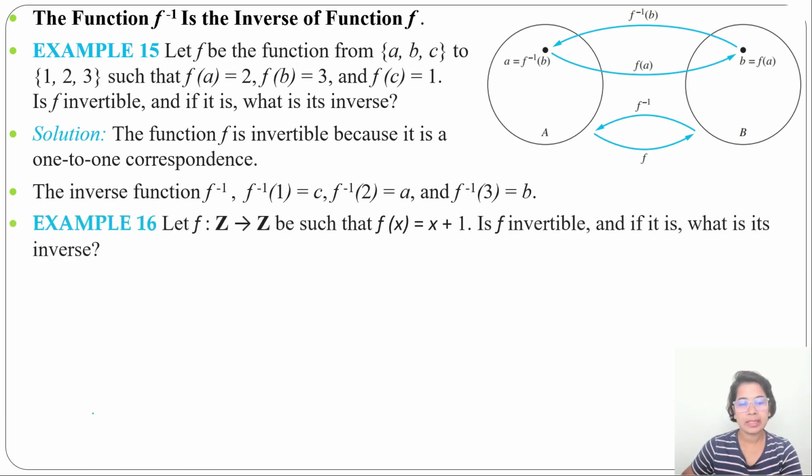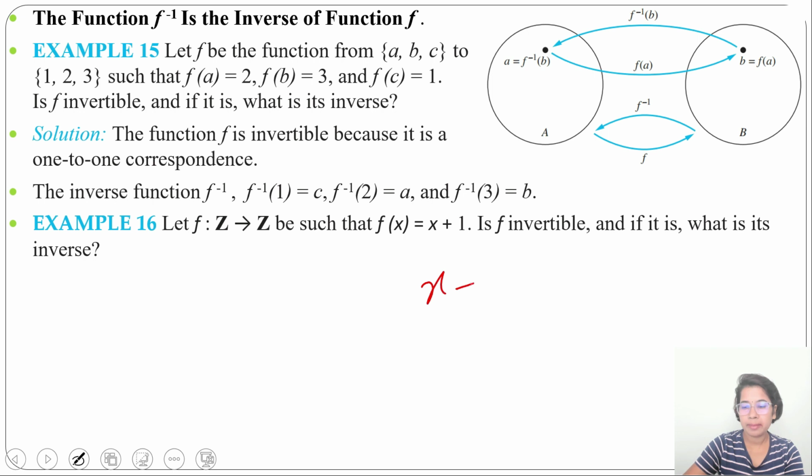Next, Example 16. Let f from Z to Z be such that f of x equals x plus 1. Is f invertible, and if it is, what is its inverse? Yes, it is invertible as it is a one-to-one correspondence. It is both one-to-one and onto, hence it is invertible. I already discussed the same example in one-to-one and onto, and I proved that this is both one-to-one and onto. Let x plus 1 equal y.